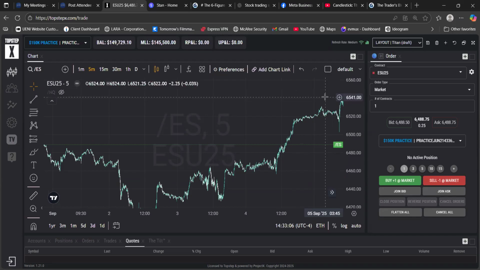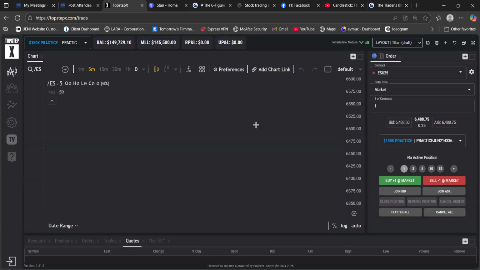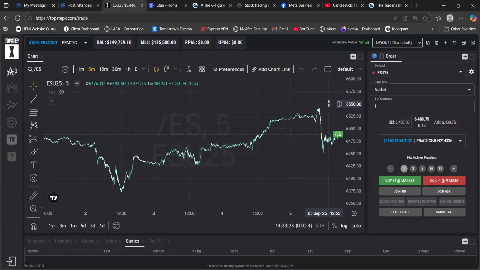If I'm selling the market, which means I'm thinking the market is going to go down, there's going to be another red line above that that is literally $300. Where I showed y'all here, this $300 is going to be represented, and they're going to put another line there. My take profit, which will be 24 points, is going to be somewhere down here, and it's going to show you $1,200. It's going to show you $300, and it's going to show you where you are.